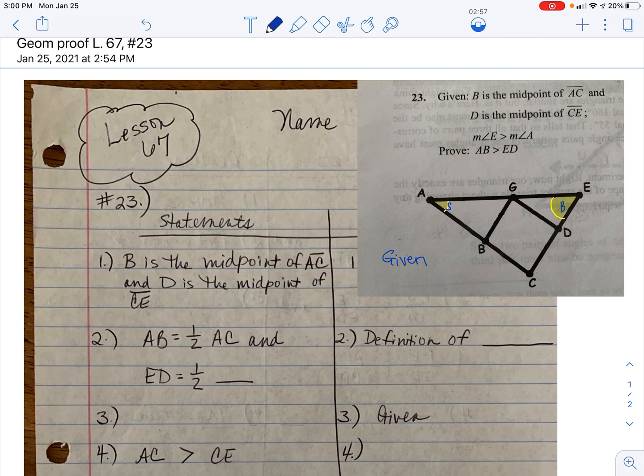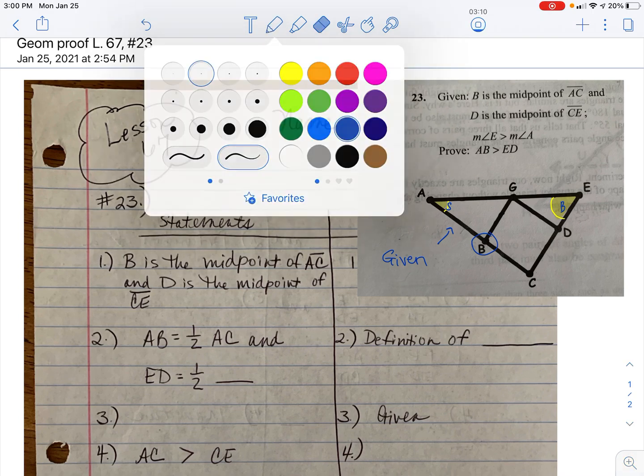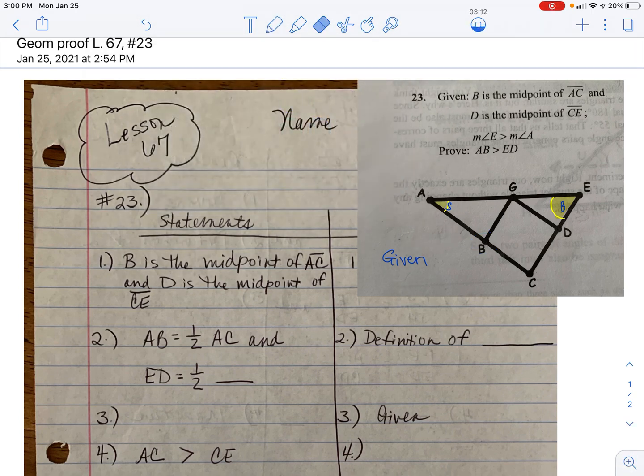I'm having trouble with my app here. Hold on. Okay, B is the midpoint of AC. Excuse me. Which means that AB is half the measure of that entire line segment. We're going to write that in and then we'll discuss it.